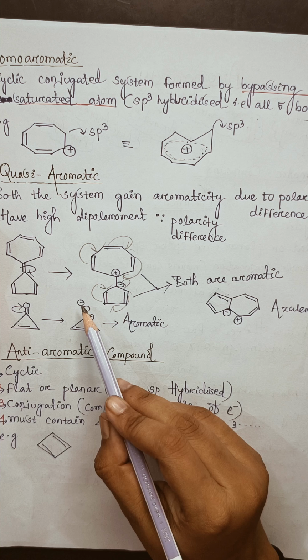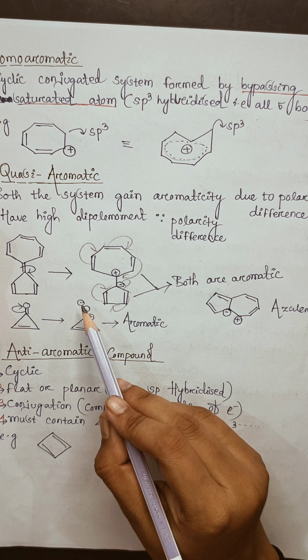Next one is homoaromatic. It is same as aromatic, but there is a difference, that is the conjugated system is formed by bypassing one saturated atom. Saturated means that atom is bonded through sigma bond only. Here is the carbon atom that is saturated, so it has sp3 hybridization. It is cyclic, it is flat or planar, that means all are sp2 hybridized except this carbon.